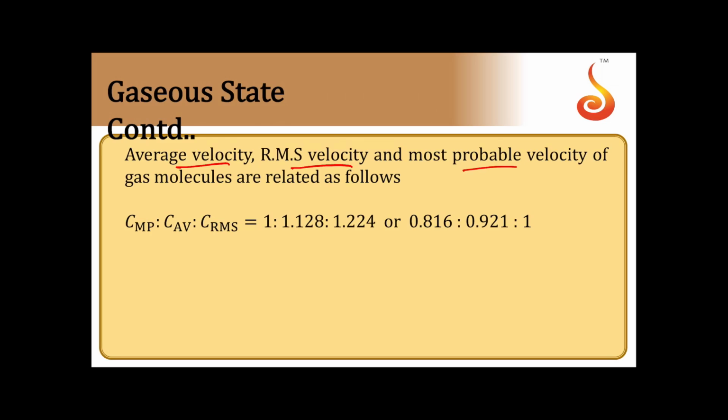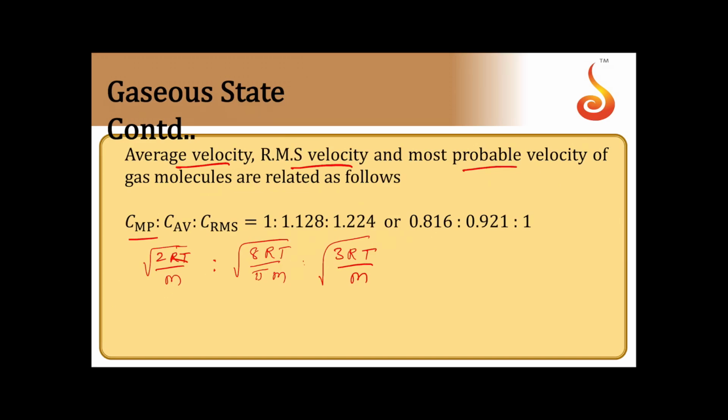So from the formulas we can get the ratios of these three. We know that most probable velocity is equal to square root of 2RT by M, average velocity is equal to square root of 8RT by pi M, and RMS velocity is root of 3RT by M. These are the basic formulas for these three velocities.